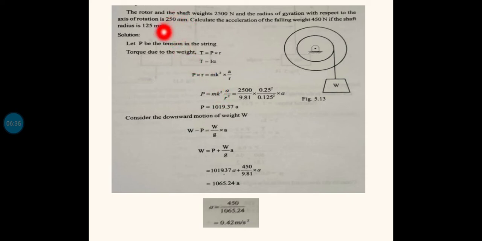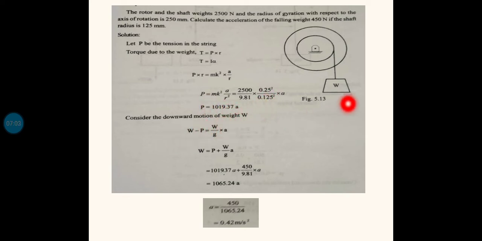Converting into meter it becomes 0.25, so k square means 0.25 square, into a. The value of a we don't know, that is what we want to find out. So a divided by r square. R is given as 125 mm, so 0.125 meter, so 0.125 square. From this equation you will get P is equal to 1019.37 a. That is the one relation connecting P and a.